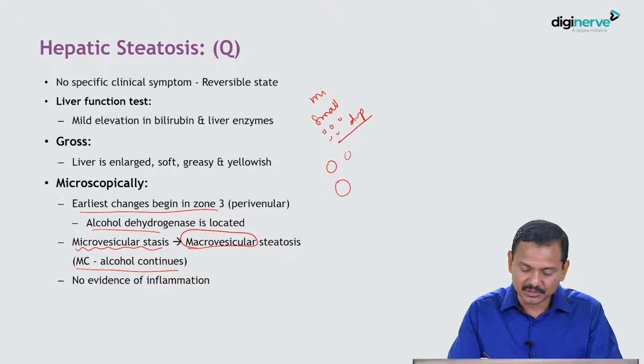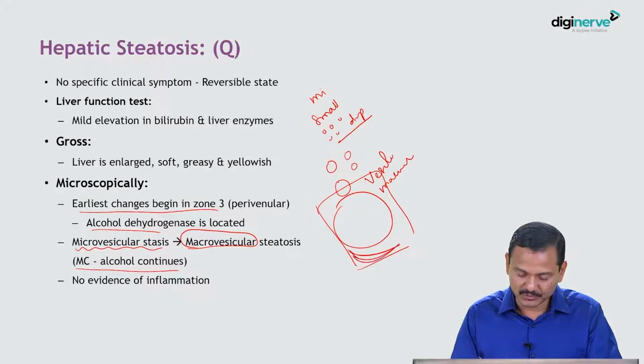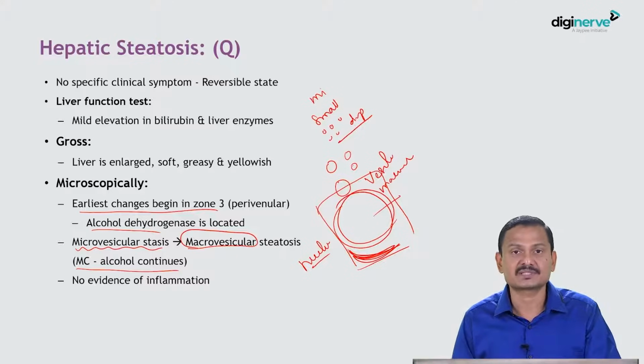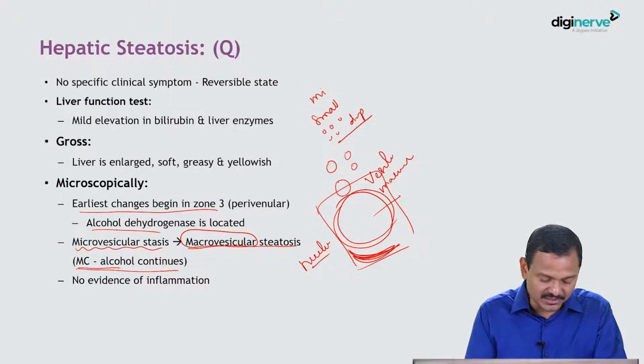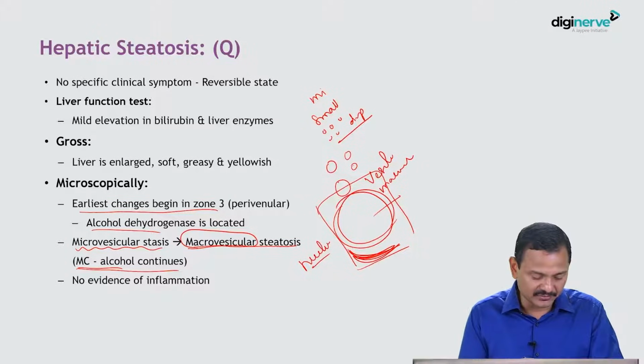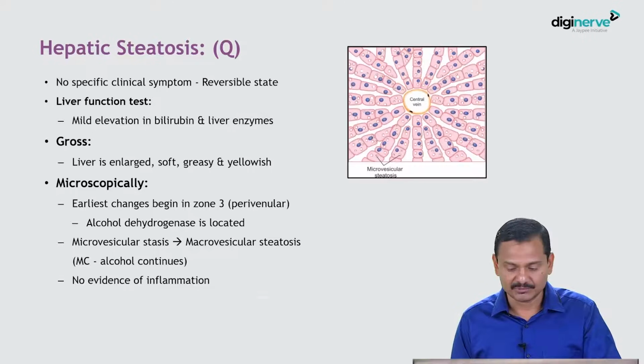So the small droplets will coalesce and form a big vesicle called a macrovesicle, and the nucleus in the cell will be pushed to one side because of the large vesicle of fat. And this microvesicular steatosis is very common in alcoholic liver disease, and there will be no evidence of any inflammation.